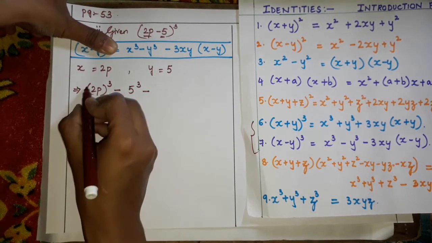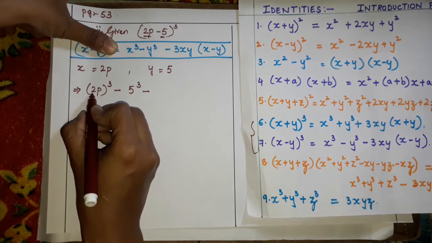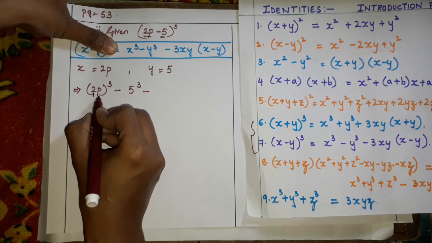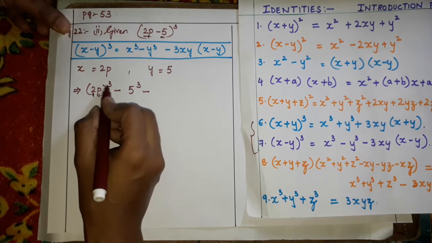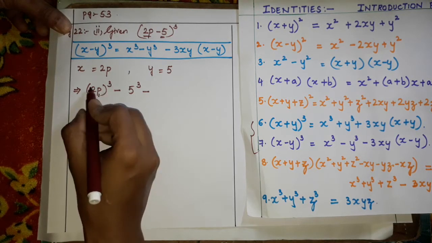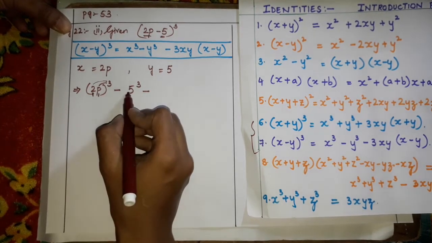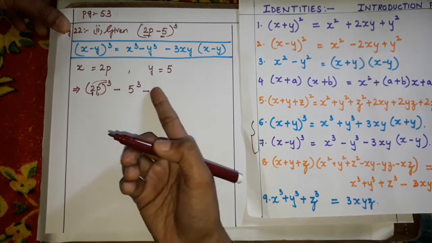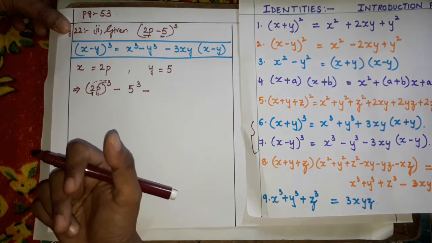Here I am taking whole cube, because here a number 2 is also there and a variable is also there, so that's why I am writing whole cube. That means cube belongs to 2 as well as p. 5 is only a single number, so I am writing 5 cube as it is. Or else you can write whole cube also, there is no problem.